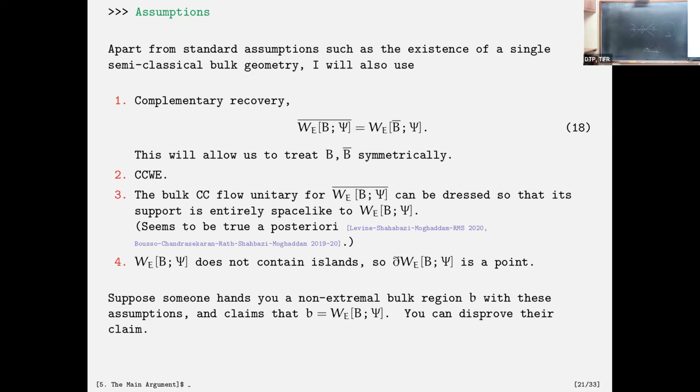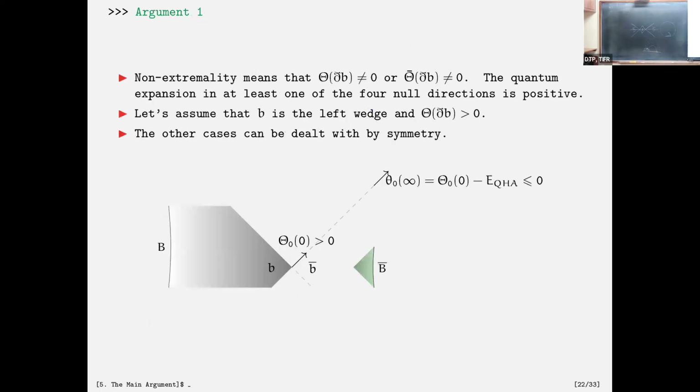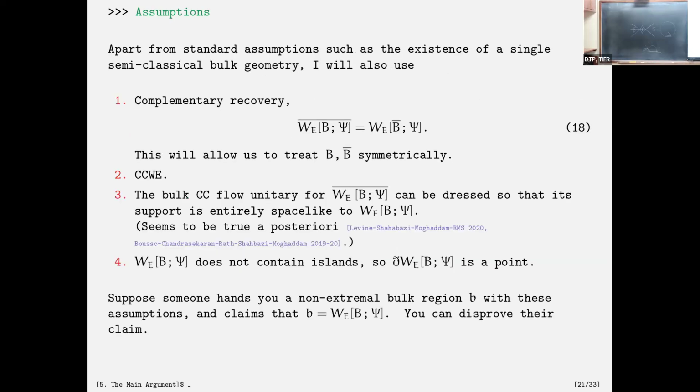But in this paper I wanted to be quite robust to the particular result. Okay, so the fourth point where you said no island means there's only one point on the boundary of the wedge here. Yeah. For the island I need a slightly stronger version of CC, which is also what I need in hydrogens.